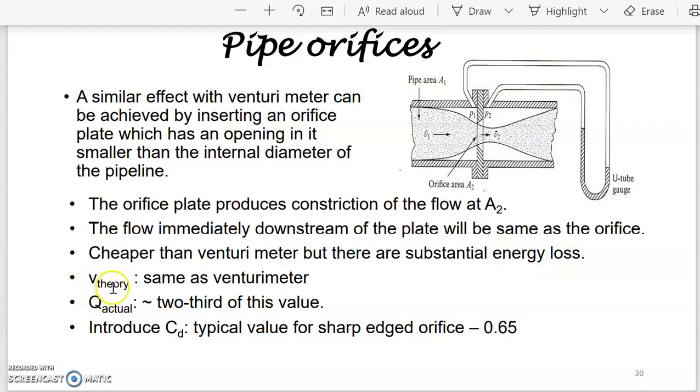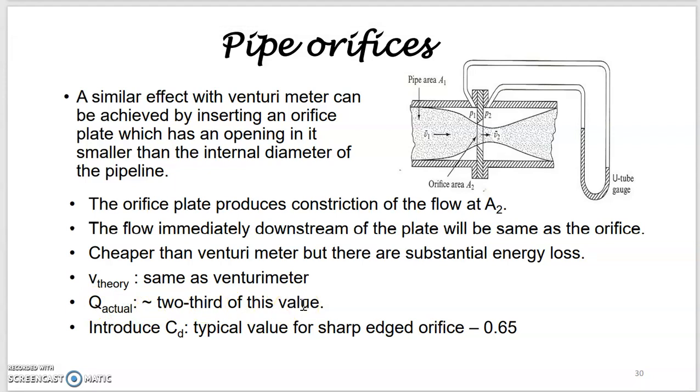So the theoretical velocity is equal to the venturi meter, and then the actual flow rate is 2/3 of this value of the real value, and it may have the Cd, that is the coefficient for the sharp edge orifice, with a value of 0.65.